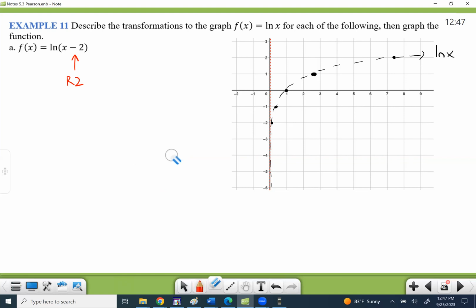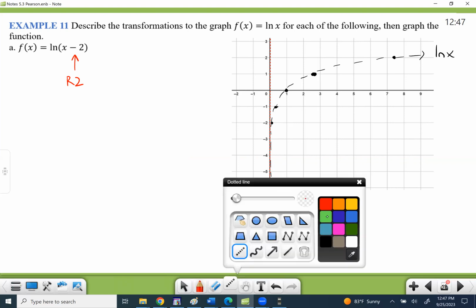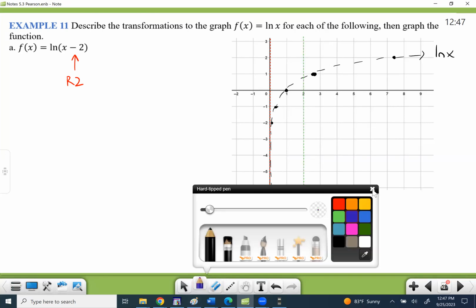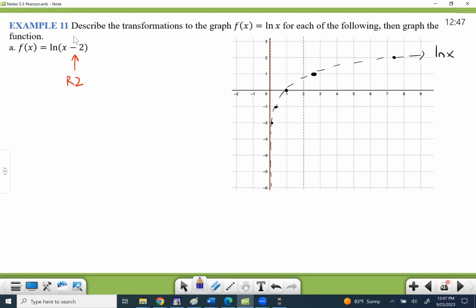So what we want to do is pick up not just the graph, but also the asymptote and shift it to the right 2. So let me go ahead and draw a new asymptote, because I've been hinting to you guys that it's always 0 unless there's been a horizontal shift. Well, in this case, there has been a horizontal shift because there's something inside the natural log. So some students get confused.